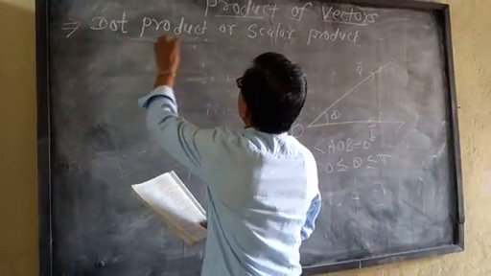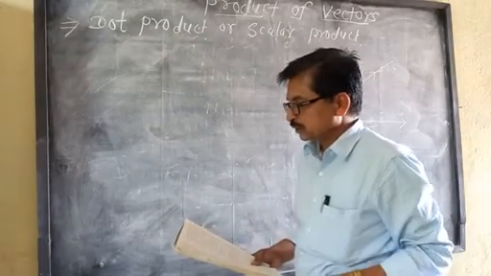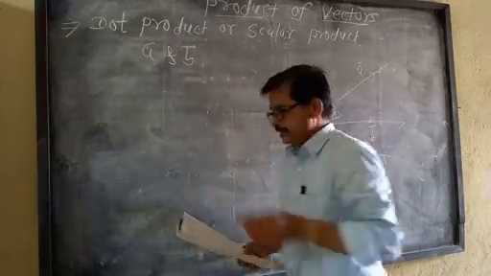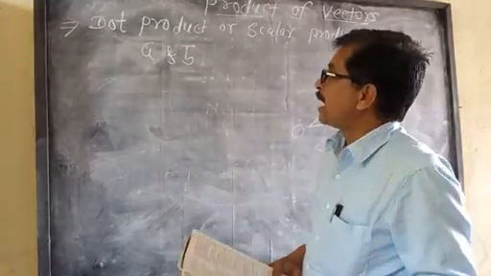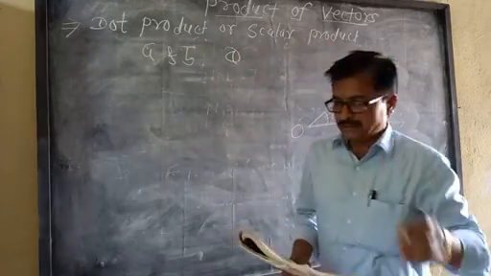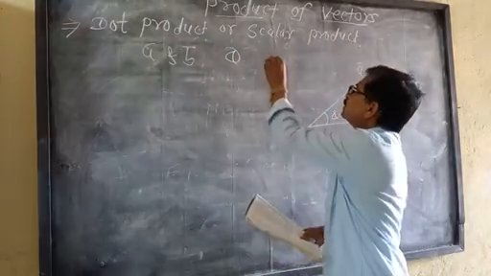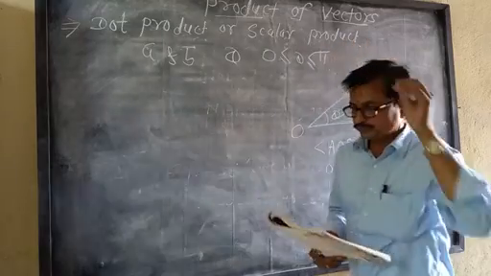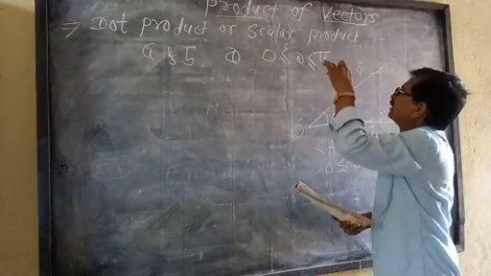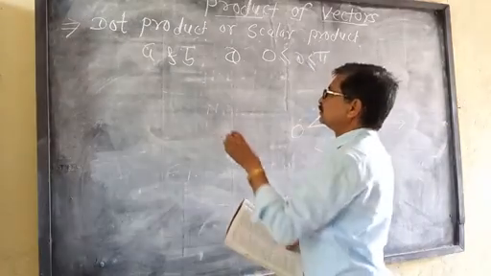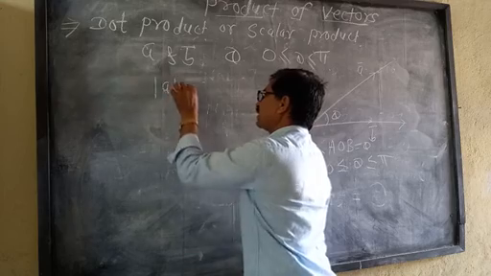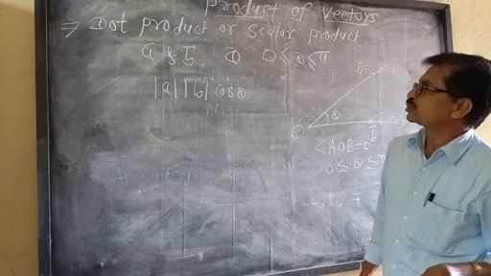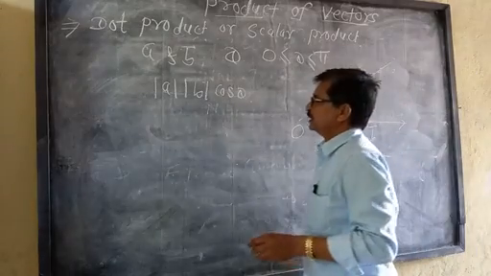Then first is the dot product or scalar product. If vector A and vector B are n vectors and theta is the angle between these two vectors, that is, 0 less than or equal to theta less than or equal to pi, then magnitude of vector A into magnitude of vector B into cos theta is called the dot product of these two vectors.